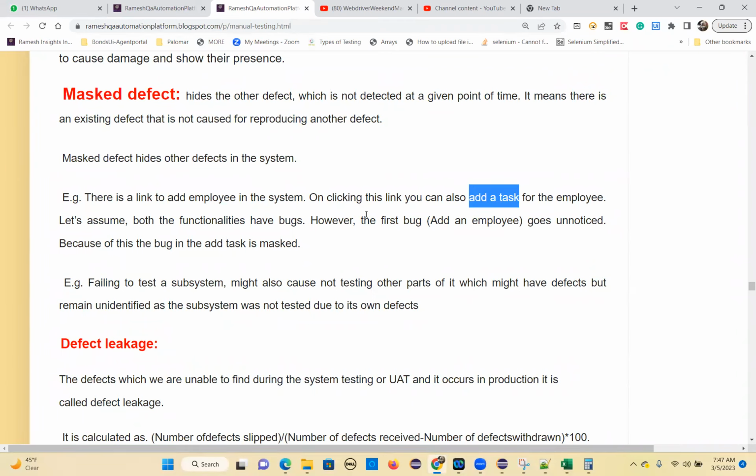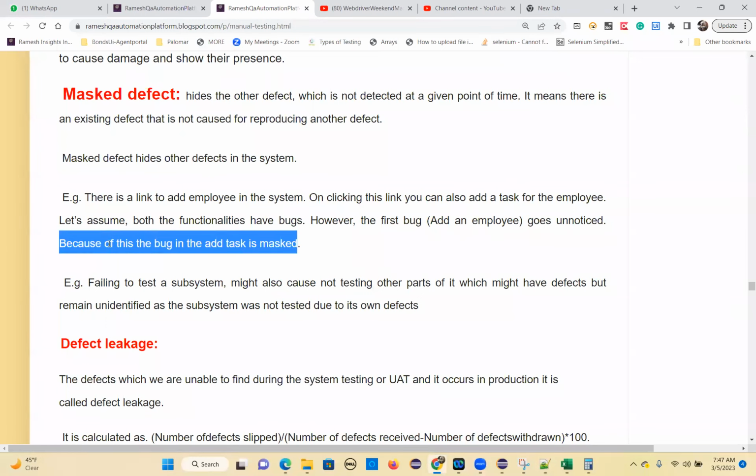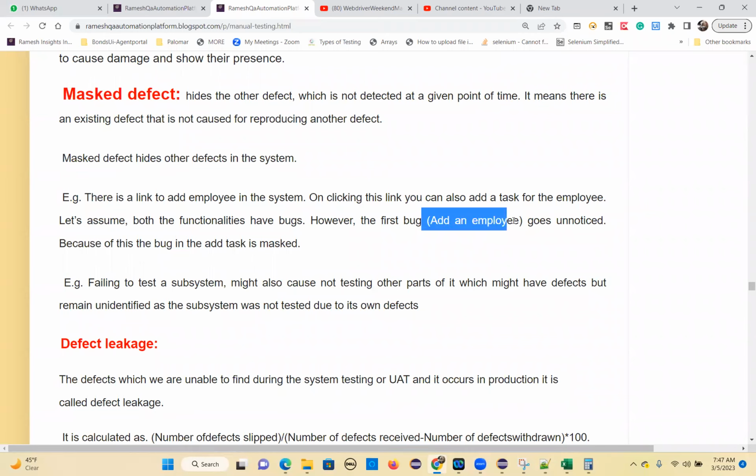The first bug, add employee, goes unnoticed, and because of it the add task bug is masked. So the add employee bug is masking the add task bug. That is called a masked defect. Is this clear?